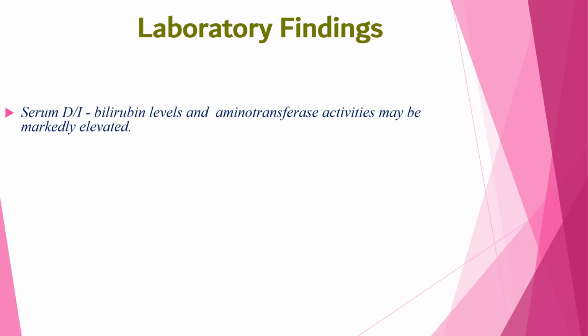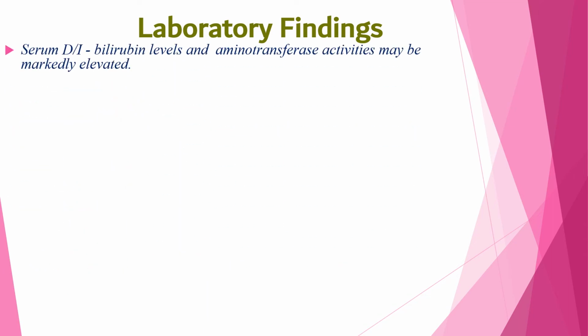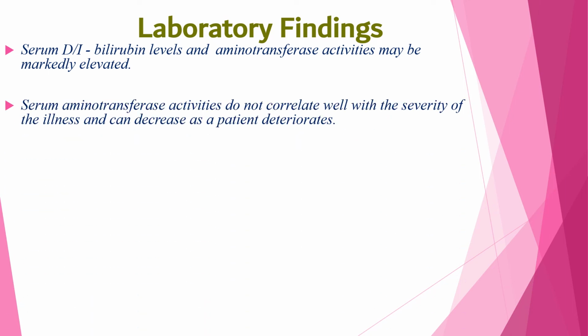When we see the laboratory findings in acute liver failure, serum direct and indirect bilirubin levels and aminotransferase activities might be markedly elevated. Serum aminotransferase activities do not correlate well with the severity of the illness and can decrease as a patient deteriorates.